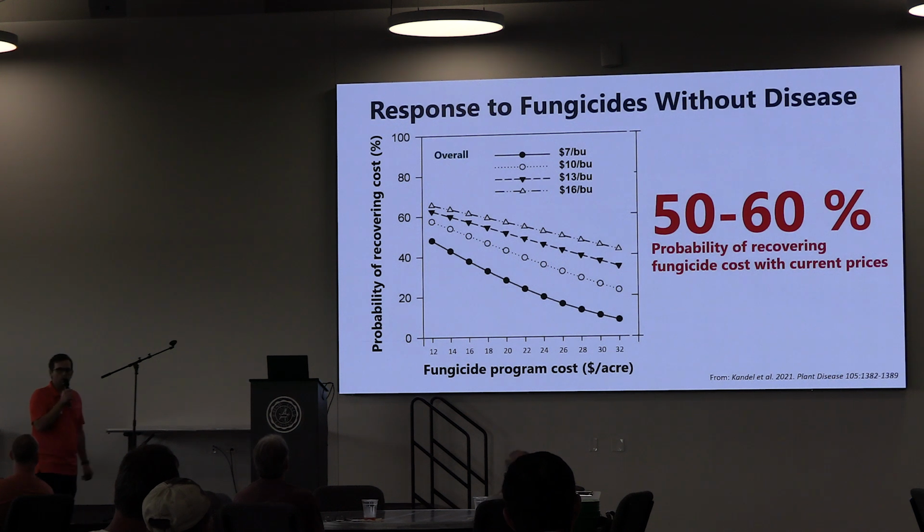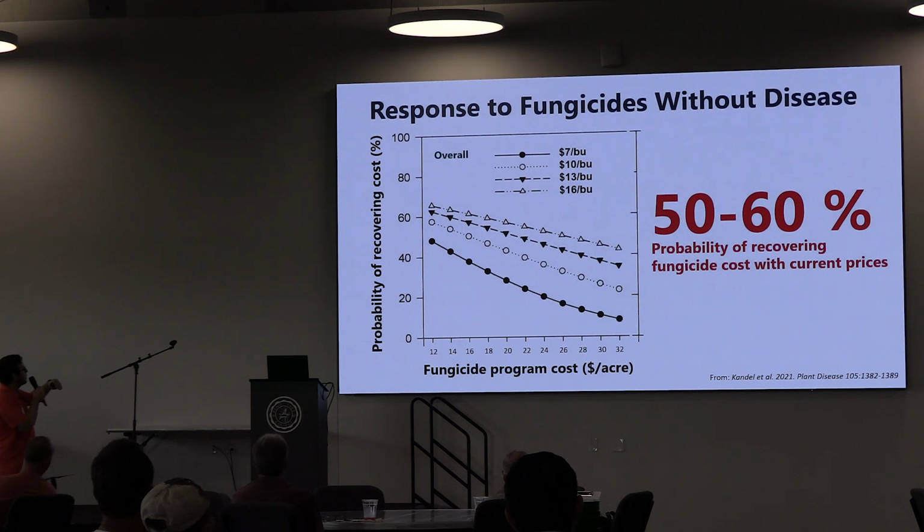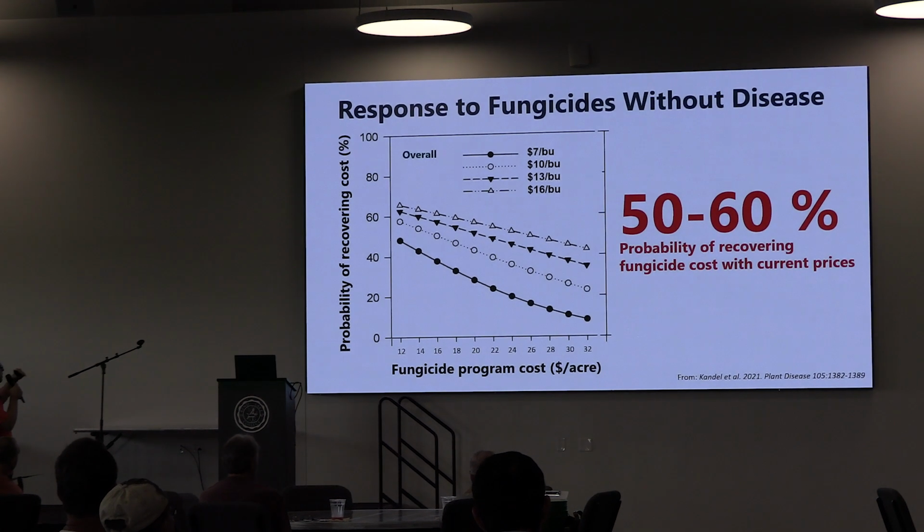They also looked at the probability of recovering the cost. So here we have the probability of recovering the cost and the actual cost of the fungicide program. Here, each line is the probability, and they are for the different prices per bushel that we may have. So this is for all the fungicide groups together.